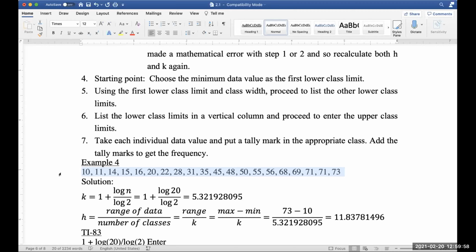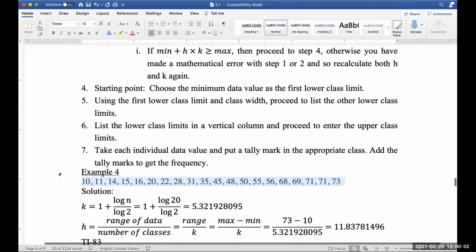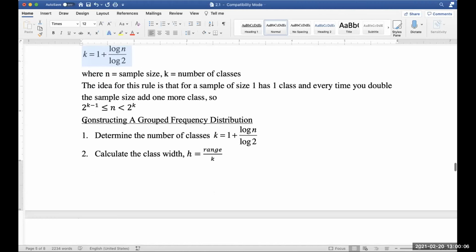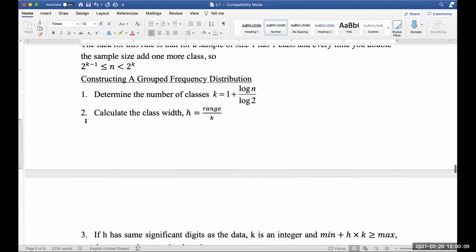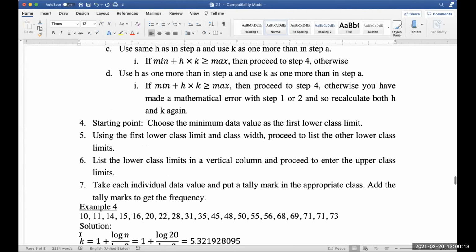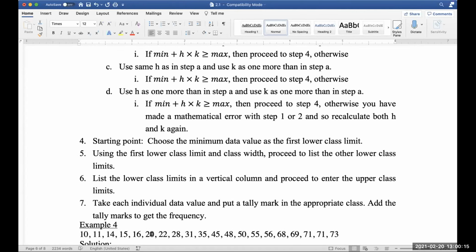So now I want to use Sturgis Rule. Here's Sturgis Rule: k equals 1 plus log n over log 2. So let's figure this out. I have 2, 4, 6, 8, 10, 12, 14, 16, 18, 20 numbers.